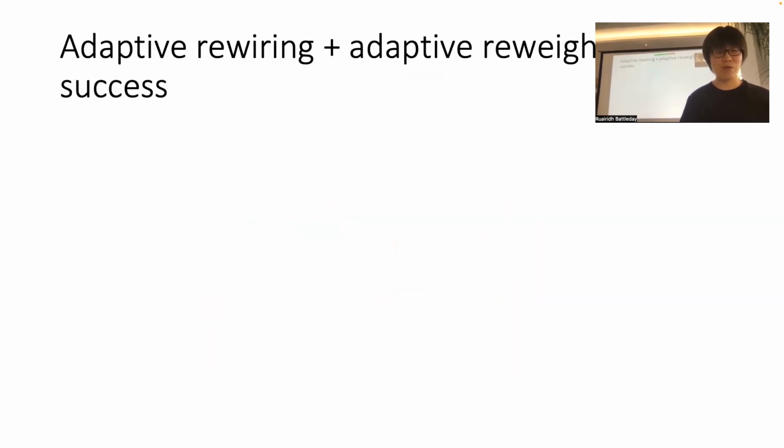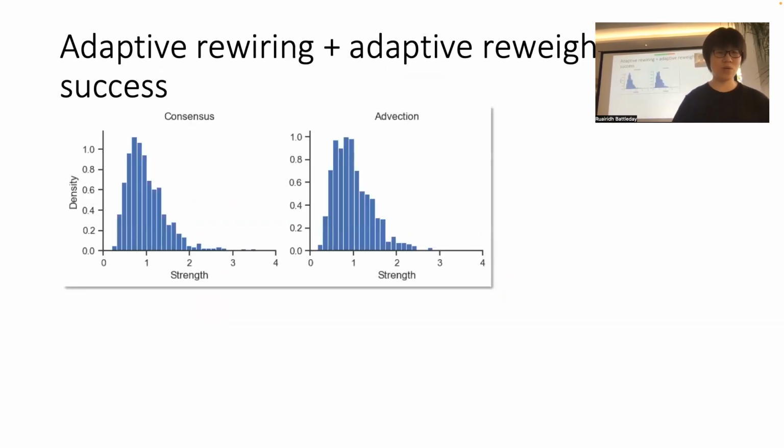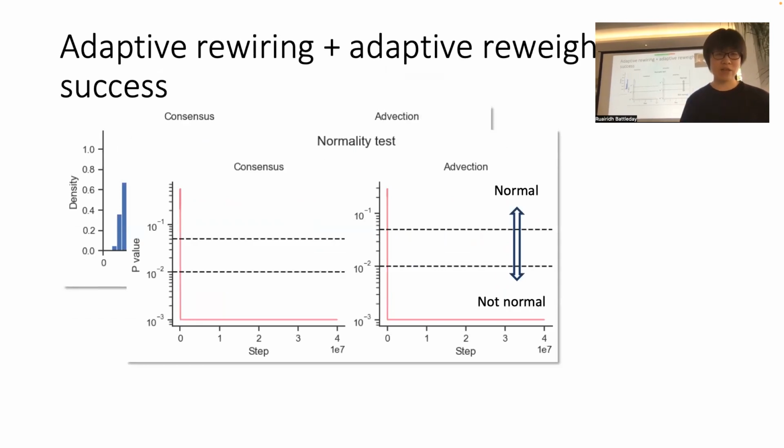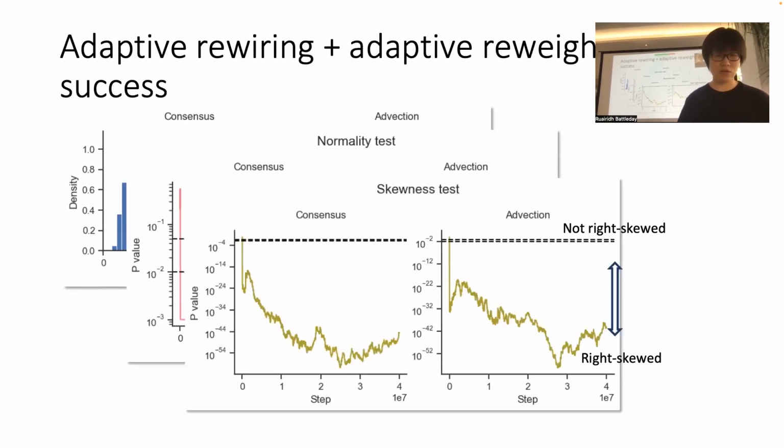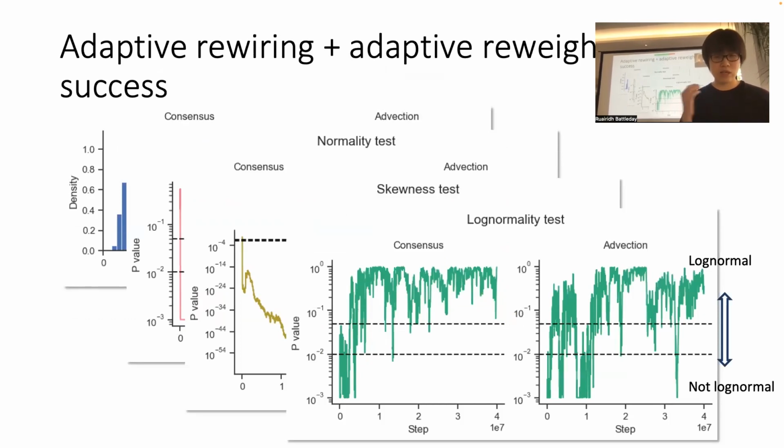Finally, when we use both adaptive rewiring and adaptive reweighting, we get right-skewed and heavy-tailed strength distributions, and they are significantly different from normal and right-skewed. And when using consensus to update strengths, the strength distribution is compatible with log normal after 20 million steps. So we show that to obtain log normally distributed connection strength, we need both adaptive rewiring and adaptive reweighting.